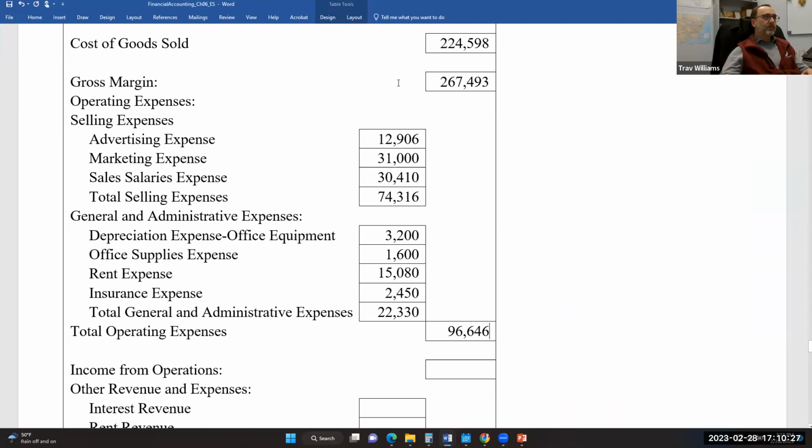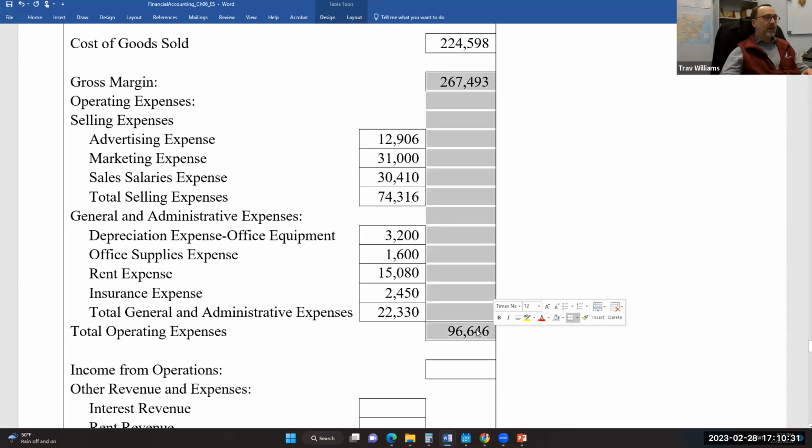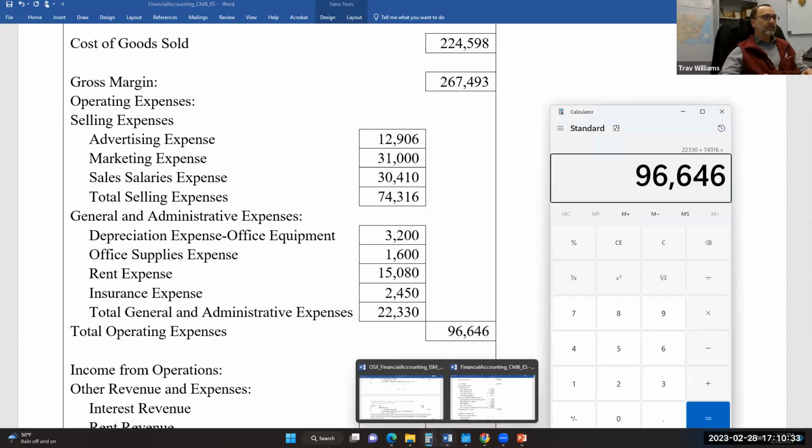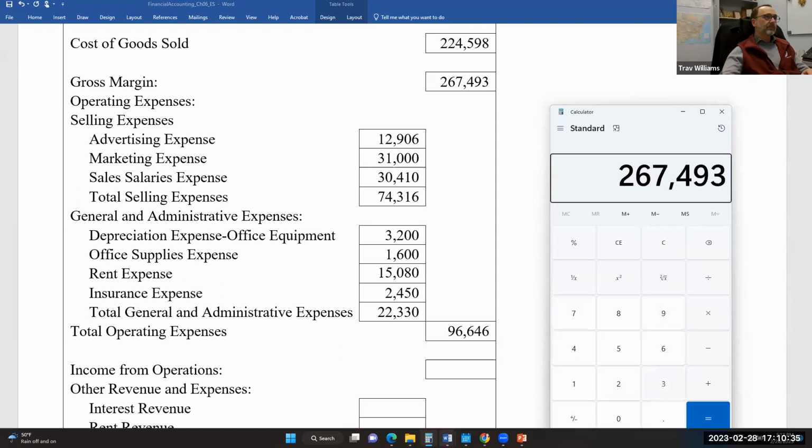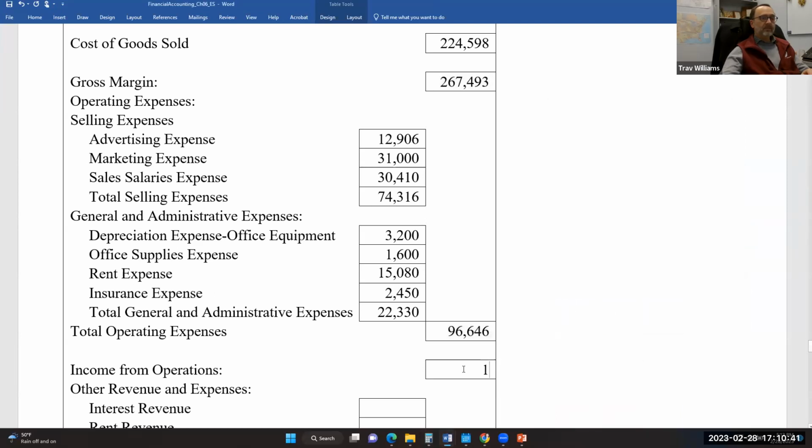Now we can take our gross profit margin from up here, subtract those operating expenses. And we get 170,847. That is our income from operations. In other words, take the amount of revenue from sales minus the costs of goods sold, and then the costs of our operations.